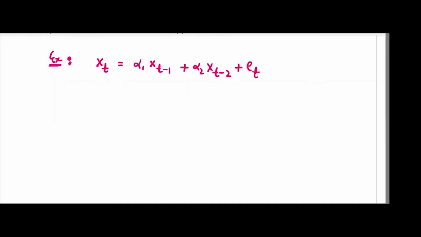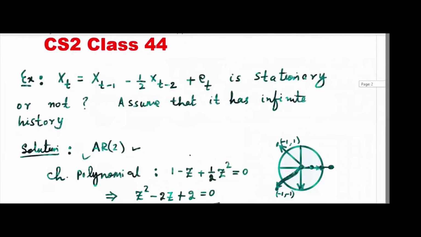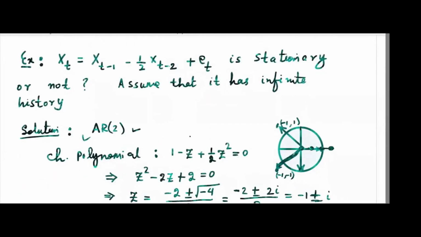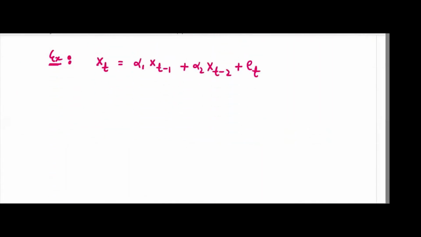Okay, this is the AR2. If AR2 is given, remember in this equation, if you try to compare with this equation, here xt minus 1 coefficient is 1, xt minus 2 coefficient is minus r. So I've taken alpha 1, alpha 2. This is 1 and this is minus r. If you consider this equation, this is AR2.